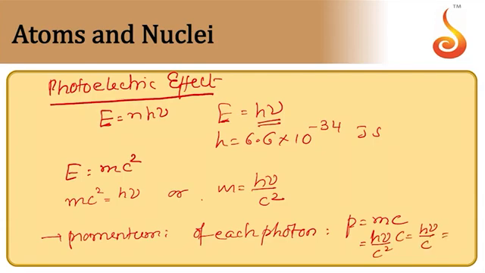This can also be written as h divided by lambda, taking the earlier equation into consideration. So we can write momentum is equal to h divided by lambda.